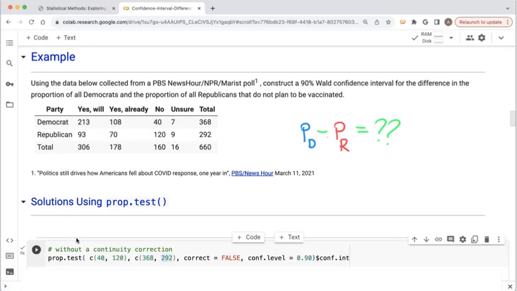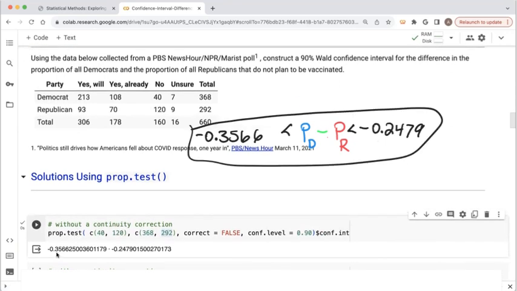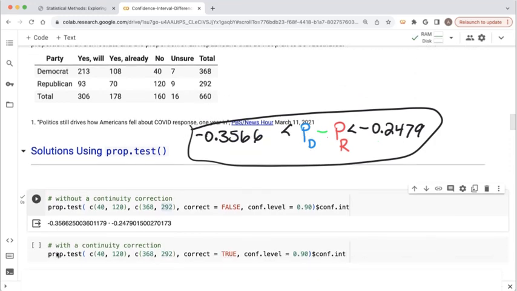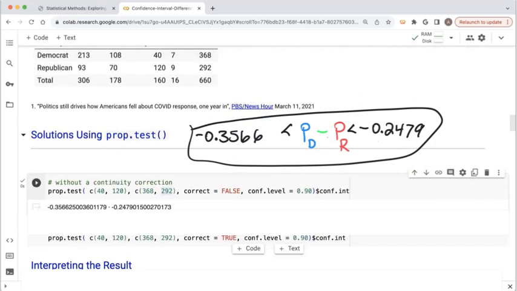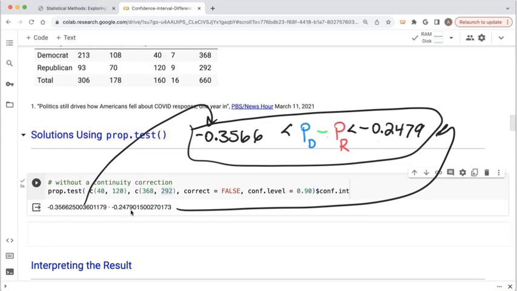Running the code here, we can see that without a continuity correction, we get a confidence interval going from -0.3566 up to -0.2479. In other words, the plausible range of values for the difference in these two proportions falls somewhere between these two cutoffs.